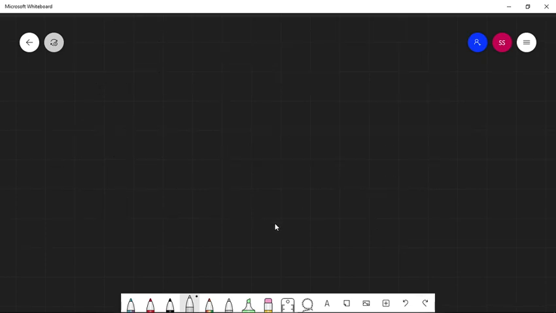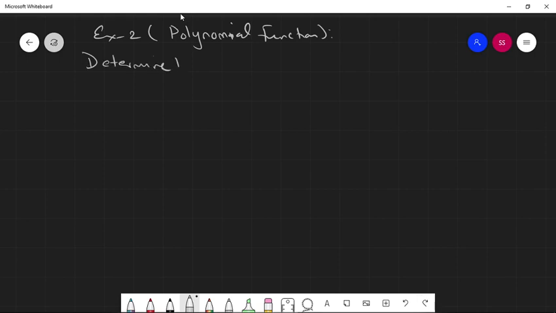Now let's discuss second example. This is about polynomial function. The instruction is determine the intervals of increase and decrease of the function.